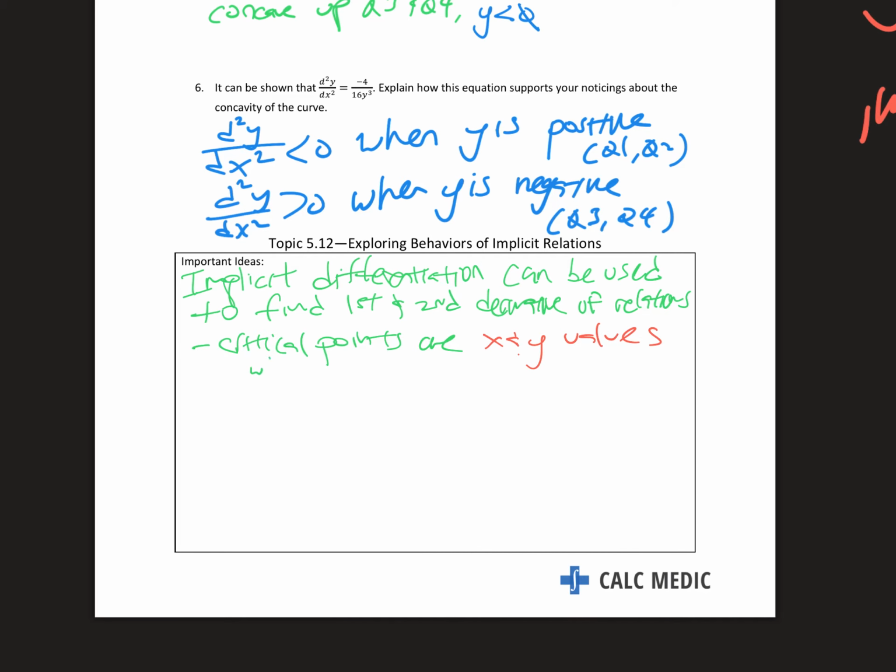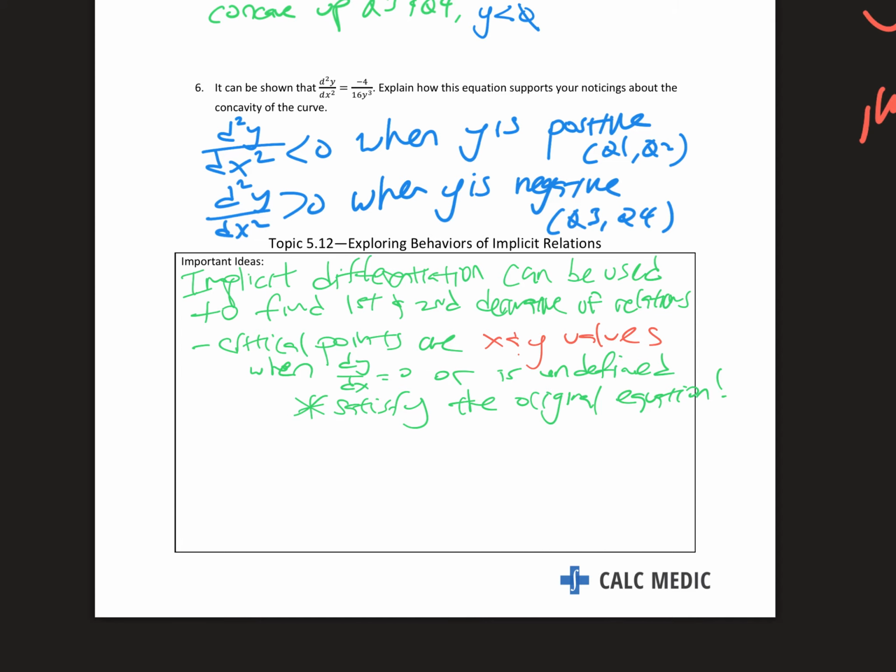These happen when our dy dx equals 0 or is undefined. And we have to make sure they satisfy the original equation. Like that 0 we plugged into the original, it didn't work. This is a key thing we have to check, okay?